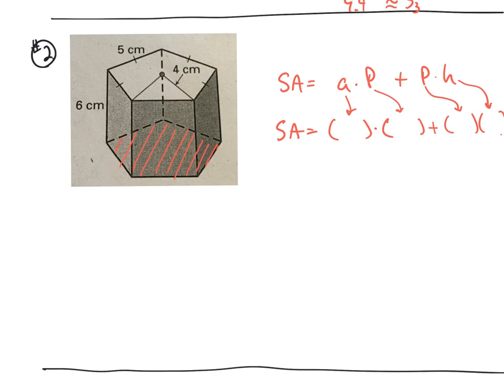Now, a couple of these are really easy. The height between the bases, the height between the top and the bottom, is given over to the left-hand side. The height between the top and the bottom of this prism is 6. So that one's really simple. Another one that's pretty simple is the perimeter, because all of the sides of the pentagon are the same.